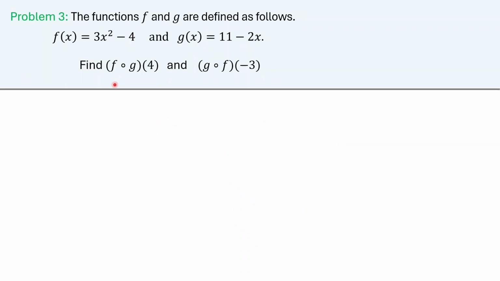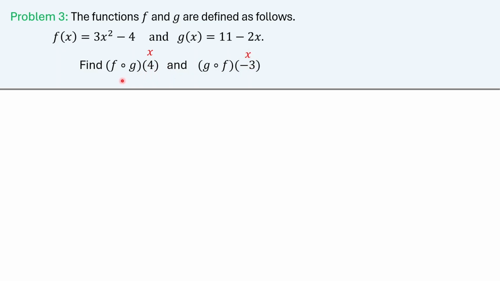Next I am going to do this problem. This problem is different from the previous problems. In the previous problems, you had two functions f and g, and you found the composite functions. And in the composite function, you had x here and x here.